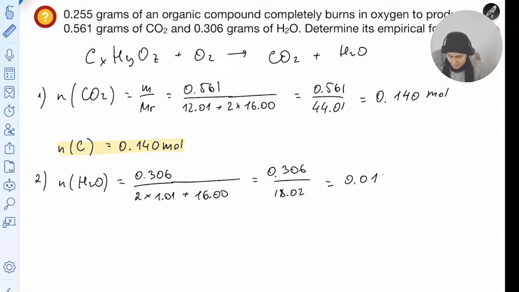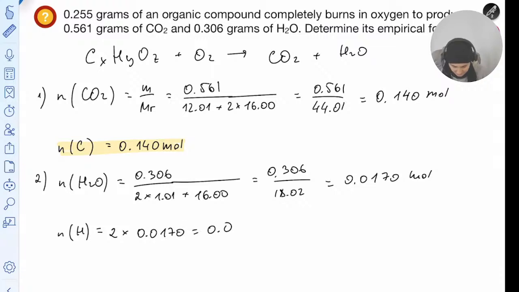That's the moles of water, and each water molecule has two H's. Now I find the moles of hydrogen. The moles of hydrogen atoms would be twice as much, right? That's what we talked about in the very beginning, because each water molecule has two H atoms. So I do 2 times moles. This value I would need for the final ratio.